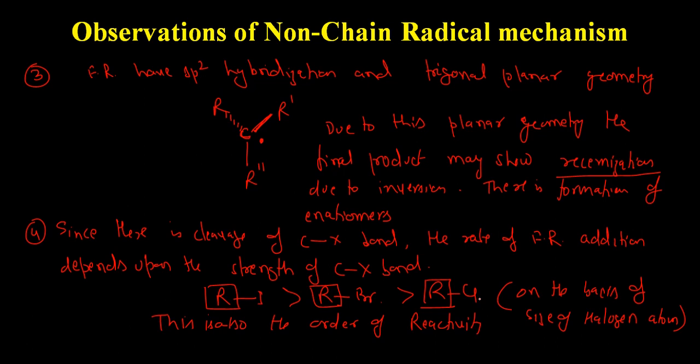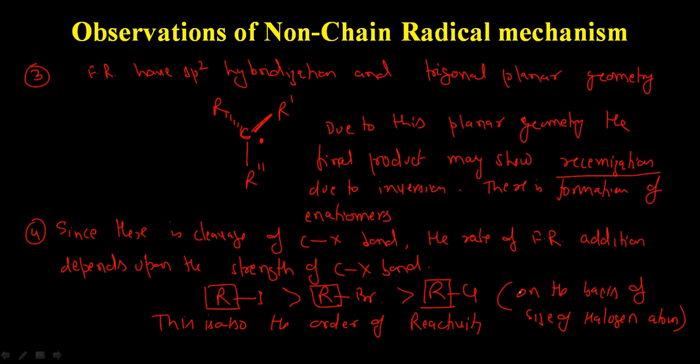Since free radicals have sp2 hybridization and trigonal planar geometry, we may have some racemization due to some inversion, and this confirms that there is formation of enantiomers. And we can also say that the formation of enantiomers or the racemization confirms the free radical mechanism for addition of alkyl halides into metallic complexes.